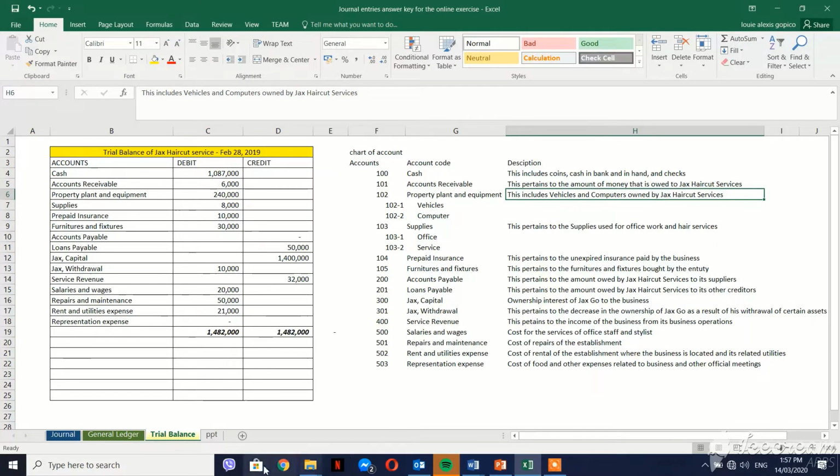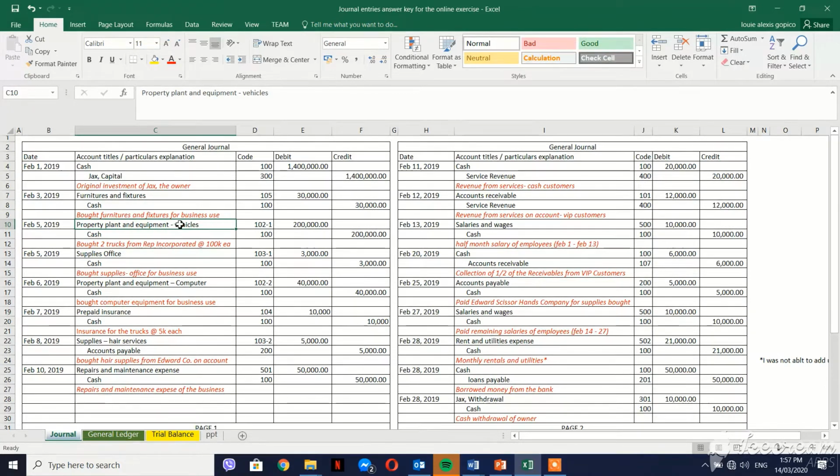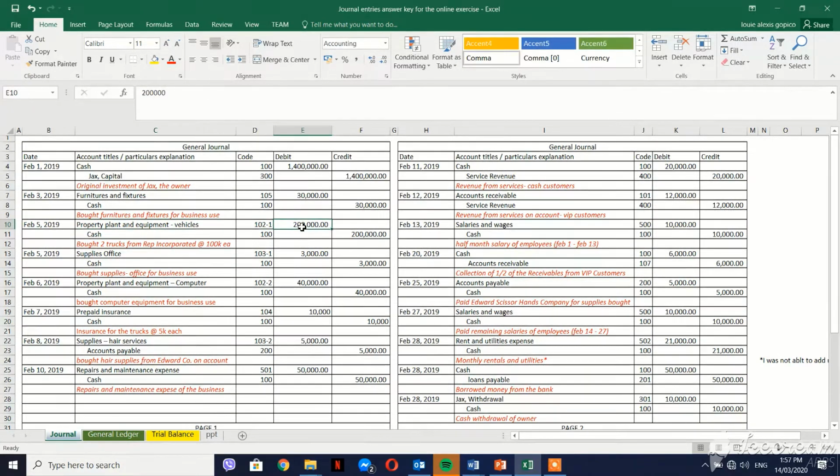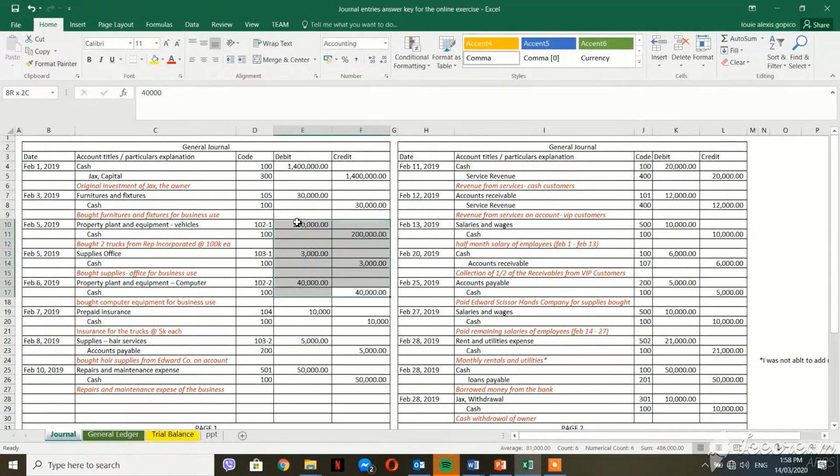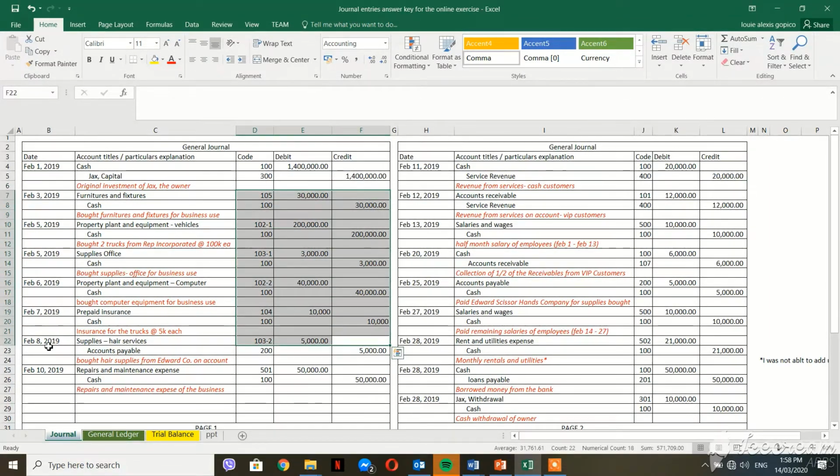So since it is an asset, we debit property, plant, and equipment, vehicles, amounting to 200,000, and we paid for it using cash. That's why we credited cash. Okay, so I'll skip some of the transactions, so basically they're just the same. It is a purchase of an asset using cash. Okay, so let's go to February 8th.